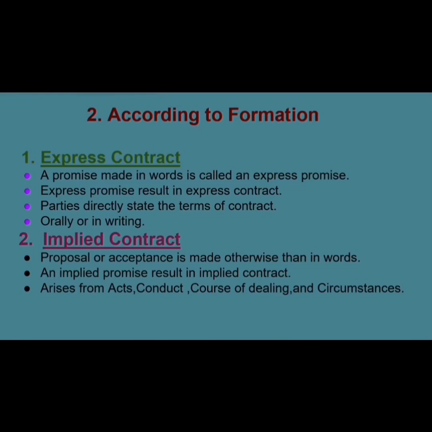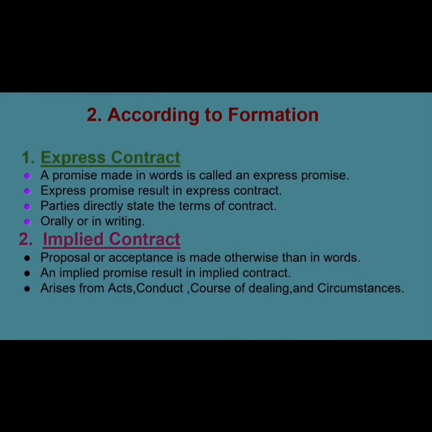Let me read out the statement of implied contract. Proposal or acceptance is made otherwise than in oral words. So you can see no oral or written words are involved in that specific type of contract. An implied promise results in implied contract.